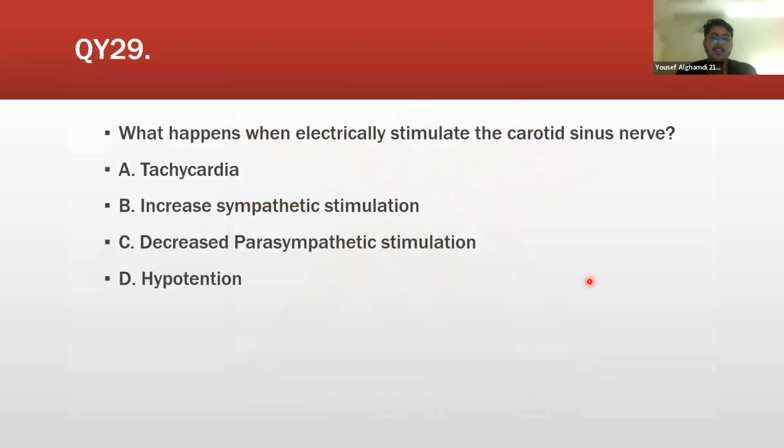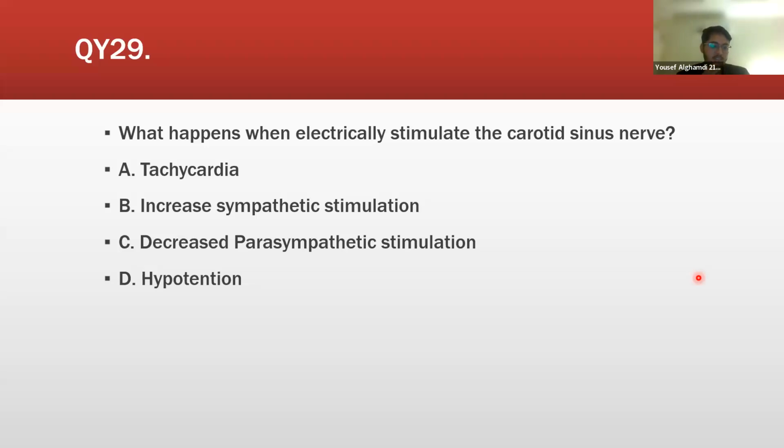Okay, what happens when we electrically stimulate the carotid sinus nerve? We'll get hypotension. Why? This is from the slide, by the way. It will mimic an increase in baroreceptor discharge, right?